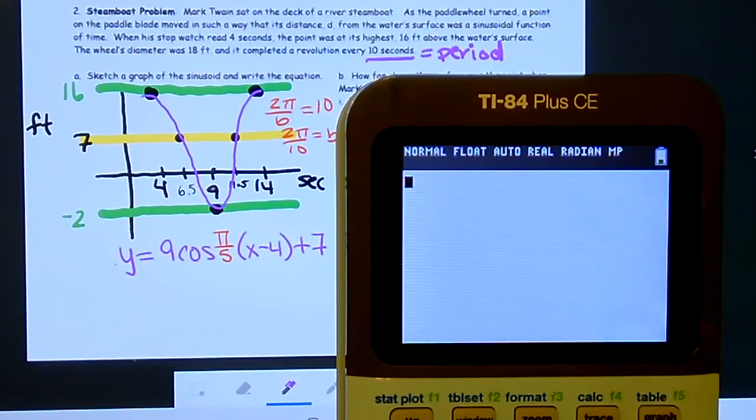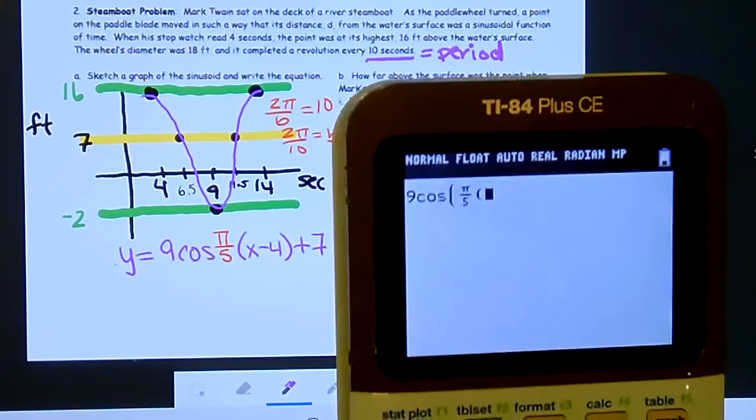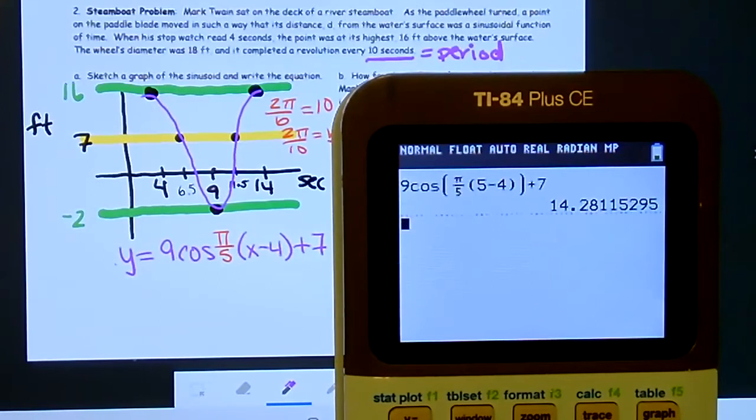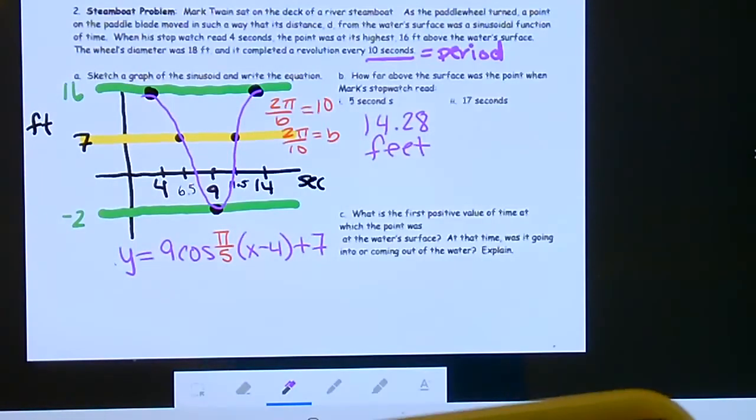So 9 cosine, and I'm going to do alpha y equal, get my fraction, pi over 5 parenthesis, and we are going to do 5 minus 4, close my parenthesis, plus 7. And I end up with 14.28 feet.